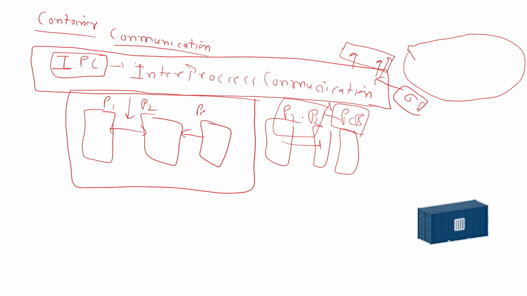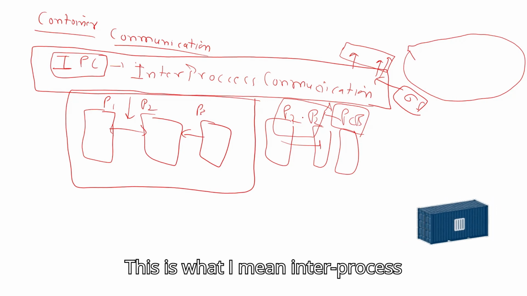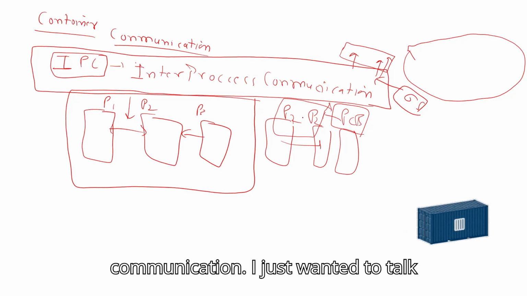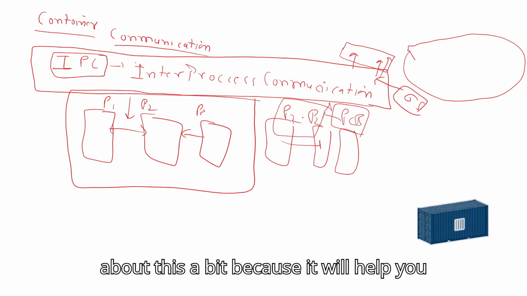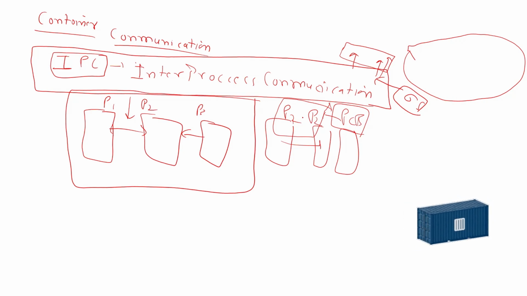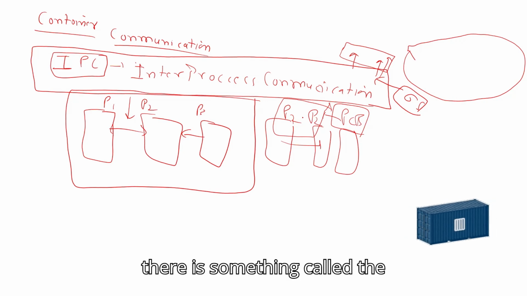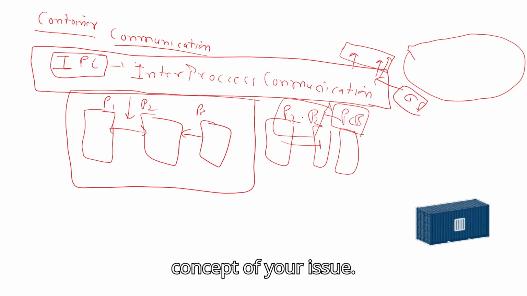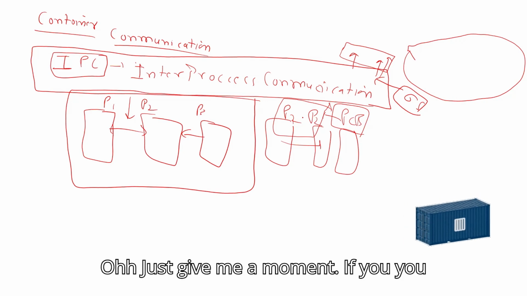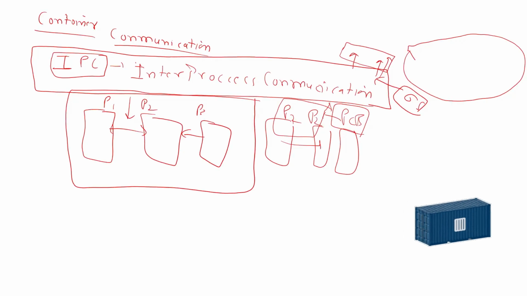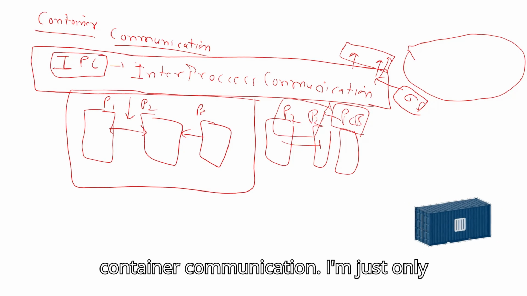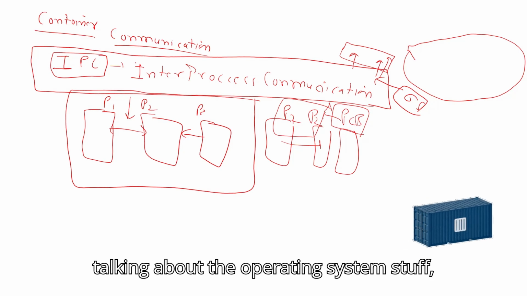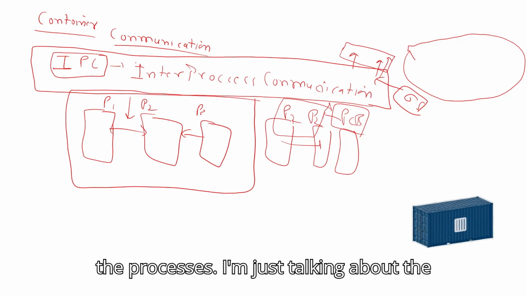This is what I mean by inter-process communication. I just wanted to talk about this a bit because it will help you understand Docker communication in a more detailed manner. I haven't started talking about container communication yet. I'm only talking about the operating system stuff, the processes, the IPC.